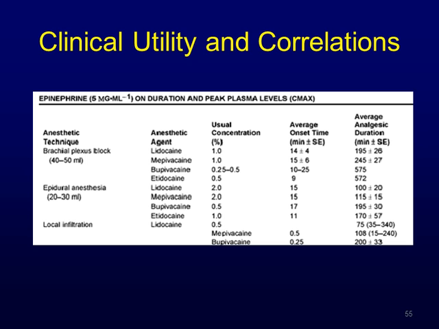Once you've made that change, take a look at lidocaine, for example. When you add 1 to 200,000 epinephrine, you're going to see how much longer you can extend that block. So lidocaine, you're going to get maybe another hour out of your anesthetic.